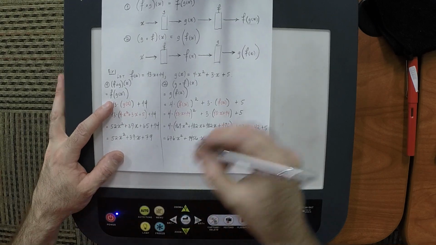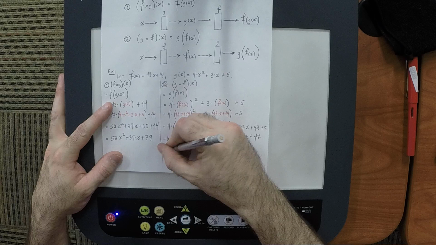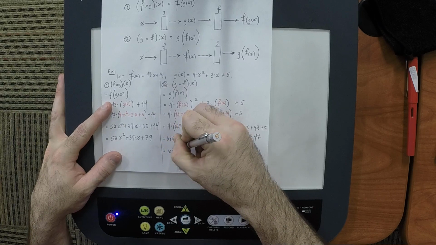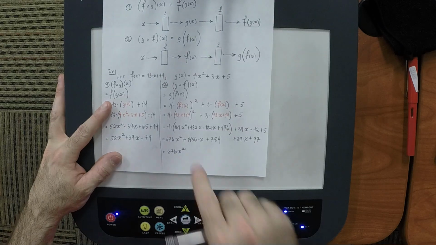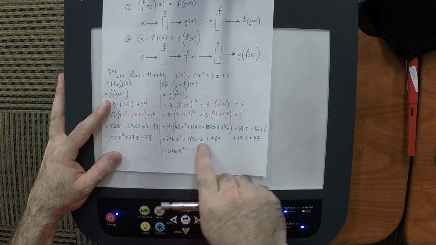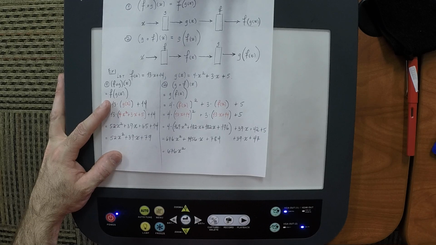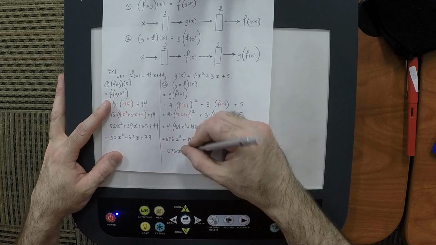And now a little more collecting. I see that we have 676 x squareds. And then collecting the x's, here I see we have 1,456 of them and another 39. So 1495.